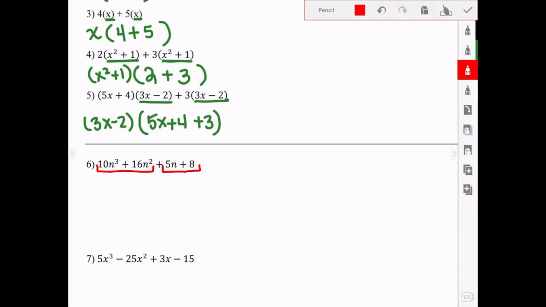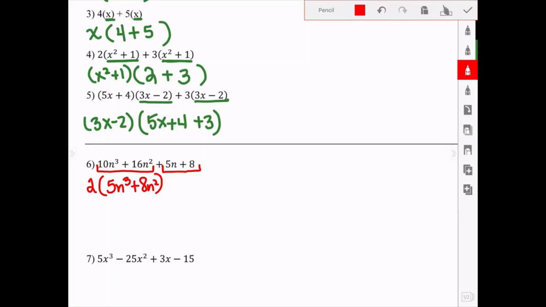So if we look at the first pair, 10n to the third plus 16n squared. And so we see that they're both even. So we could take a 2 out of both of these. And so we'd end up with 5n cubed and 8n squared. But we can also take out a number of n's.